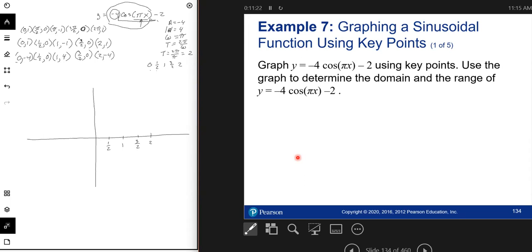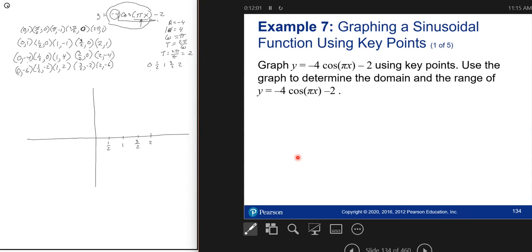So now, we take 2 from it. So now this goes 0, -6, -4 minus 2, and then 0 minus 2 gives me a -2, and then 4 minus 2 is 2, and the 2 now goes to -6.